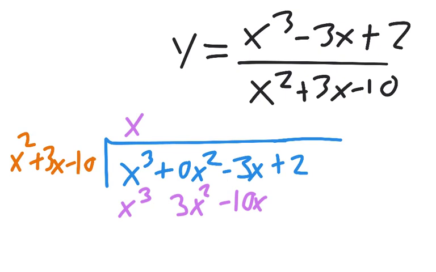Why do we subtract? Because they told us to. So guess what you need to do here? Subtract, which means you're going to change the sign of every term. So this becomes a negative x cubed, a negative 3x squared, and a positive 10x.